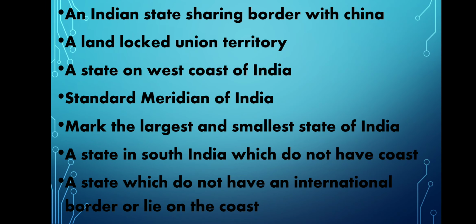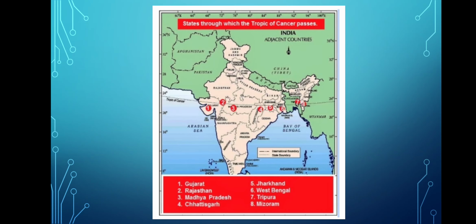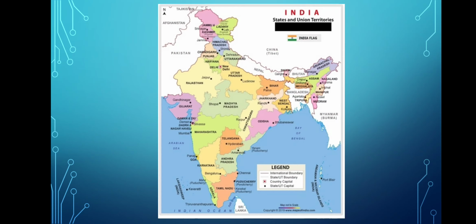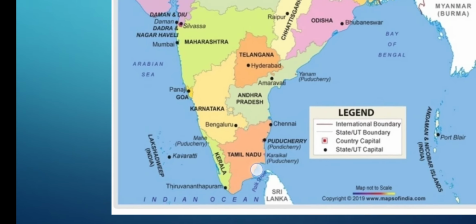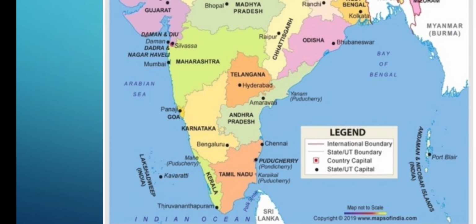A state in South India which does not have a coast. First of all you have to know the name of the state, then you should mark. So let us enlarge this map so it is clear to us. All these states, Telangana is located in South India, but it is not sharing any coastal border.